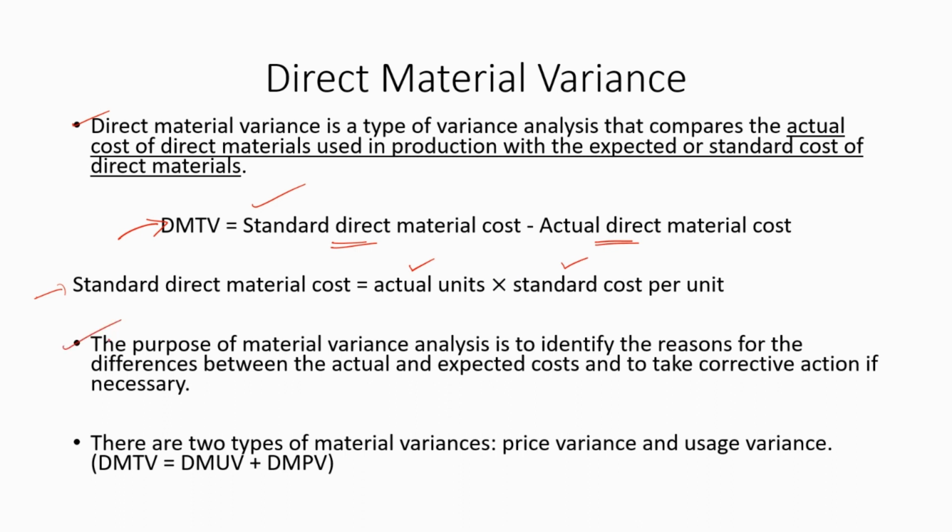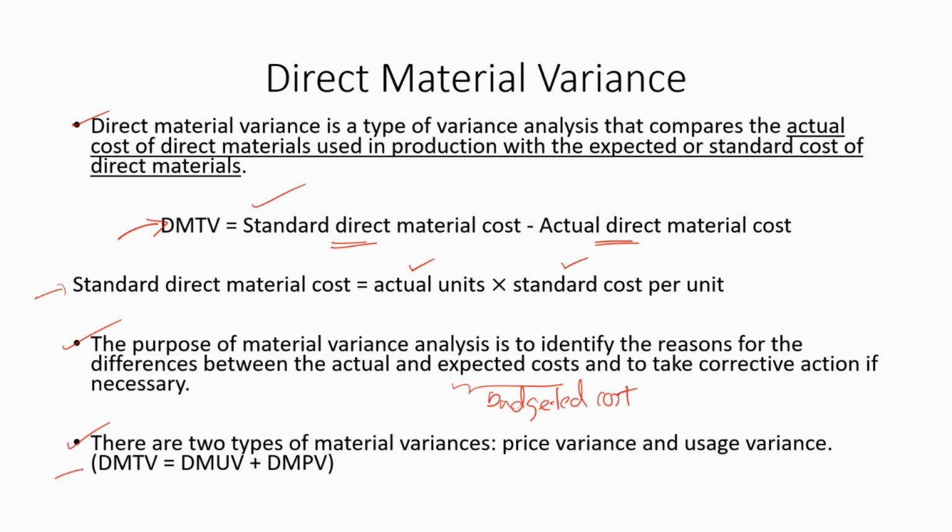The purpose of material variance analysis is to identify the reasons for the differences between the actual and expected costs and to take corrective action if necessary. This expected cost means the budgeted cost. There are two types of material variances, price variance and usage variance.